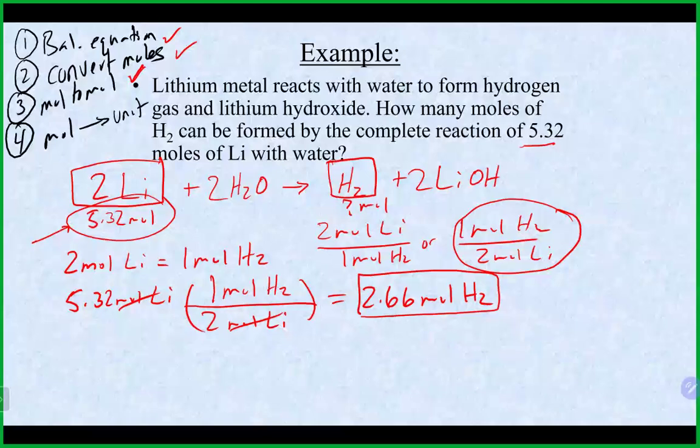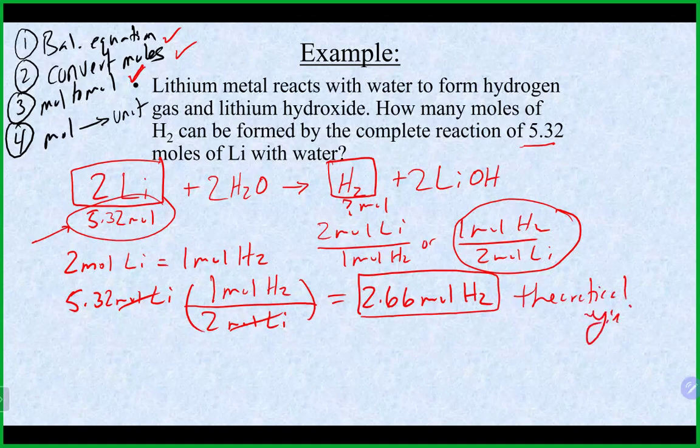By the way, that would be known as the theoretical yield in moles, basically, of hydrogen, which is the maximum amount of product that you should make. By the way, just out of curiosity, if I did want grams, what I would need is the molar mass of H2 from the periodic table.